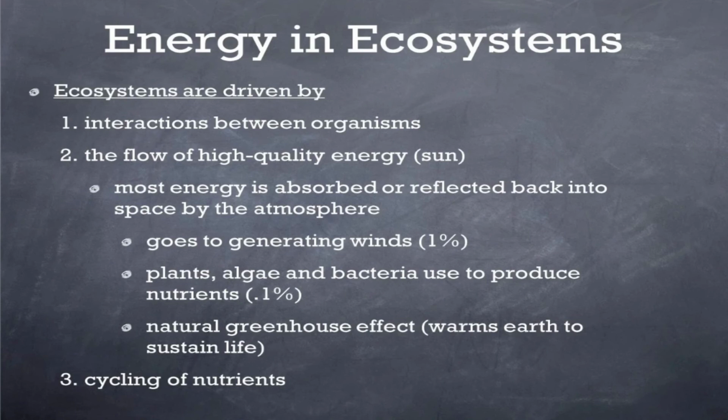Most energy is absorbed or reflected back into space by the atmosphere, and some goes into generating winds, which is 1%. Plants, algae, and bacteria use it to produce nutrients, at 0.1%. A natural greenhouse effect warms the earth to sustain life.